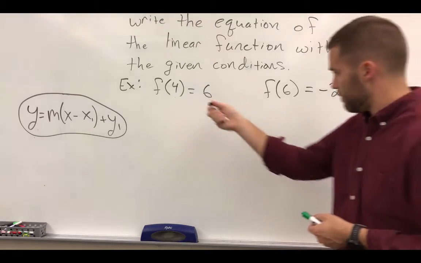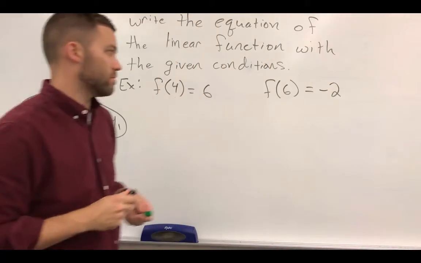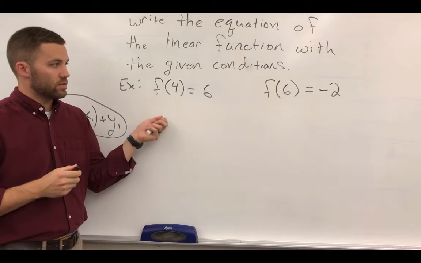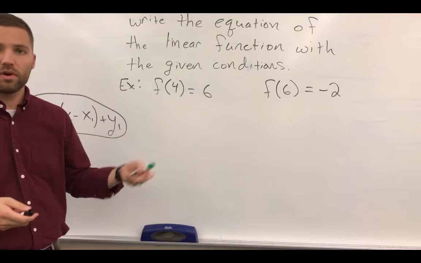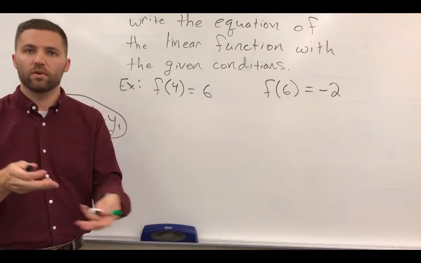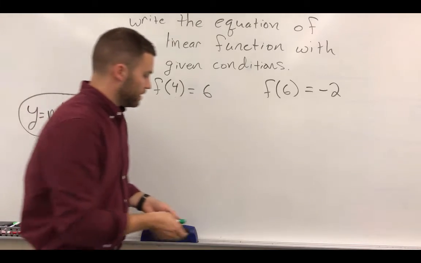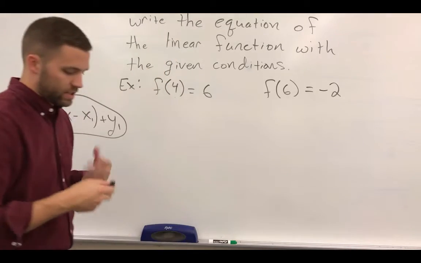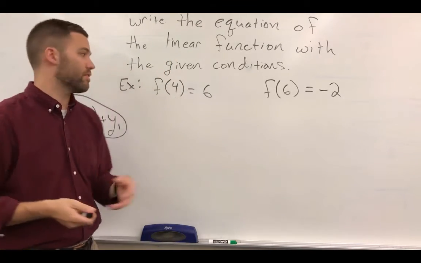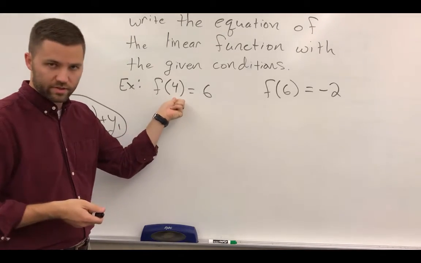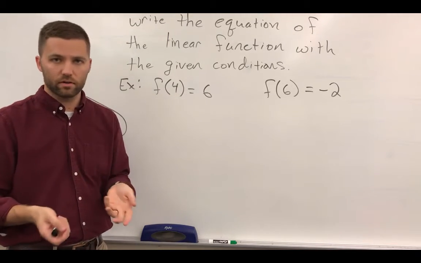Okay, so I'm given that f of 4 is equal to 6, and f of 6 is equal to -2. What I need to pull out of this is the points (x, y), or x1, y1, and x2, y2. To do that, I'm going to think back to function notation and remember that inside the parentheses is the x-coordinate, the independent variable.